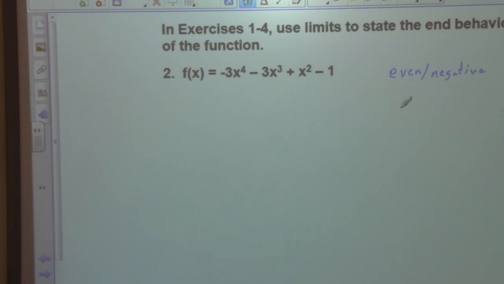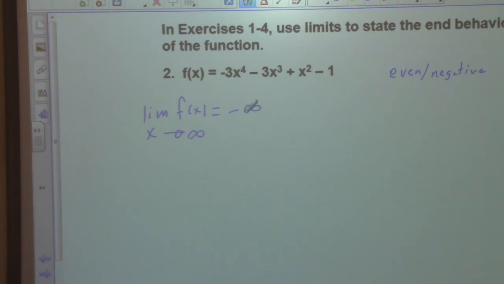To me, this is the piece of analysis that really gets us there. Go ahead. Limit f of x equals infinity, or negative infinity.